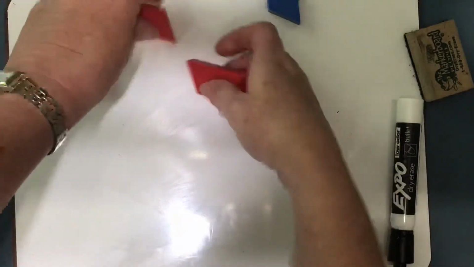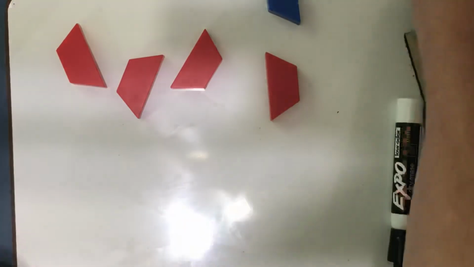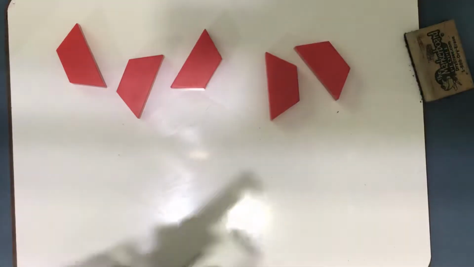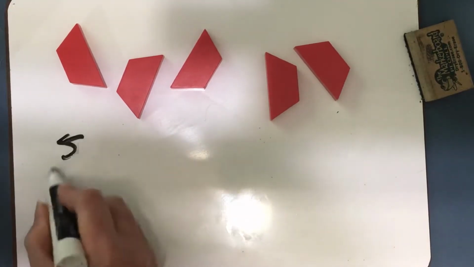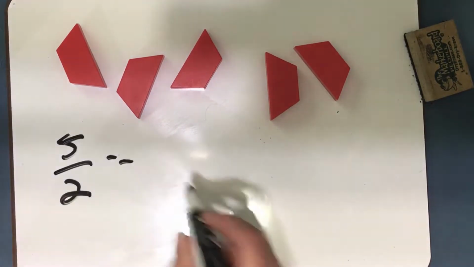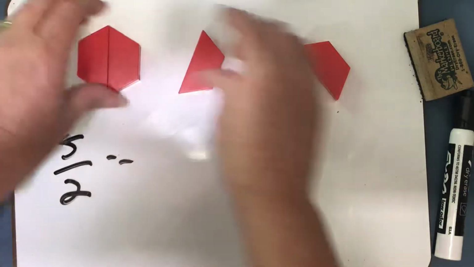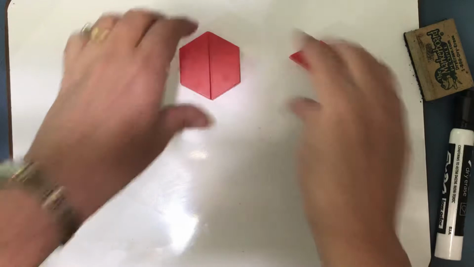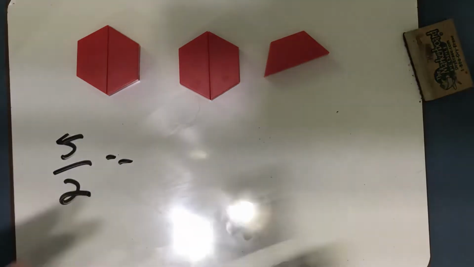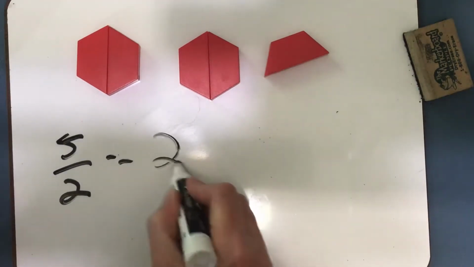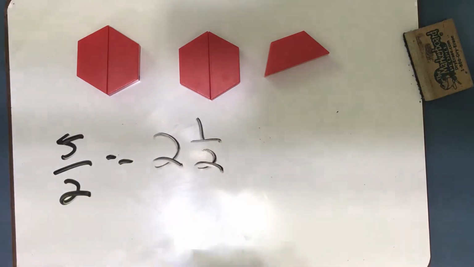Okay, let's look here at my halves. Here I have 1, 2, 3, 4, 5. 5 halves. I know that I need 2 halves to make a whole. So there's 1 whole, 2 wholes, and 1 left over. So 5 halves equals 2 and 1/2.